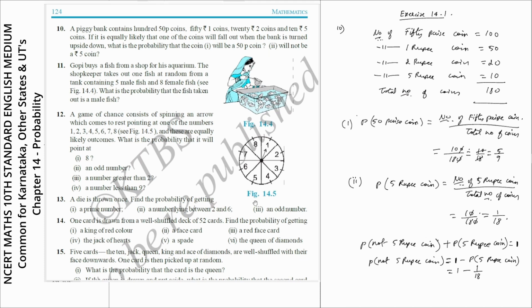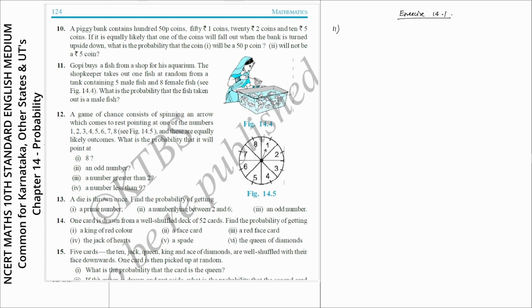So 1 is 1 by 1, LCM of 1 and 18 is 18, so 18 minus 1 I will get, so this is equal to 17 by 18. This is the probability of an event where a 5 rupee coin will not come out of the piggy bank.